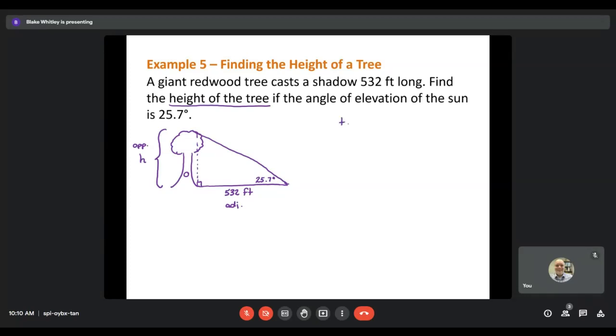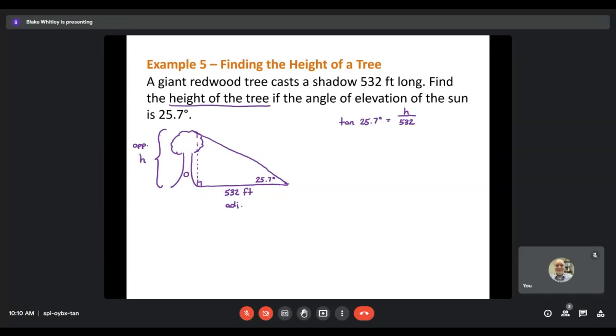So I have the tangent of 25.7 degrees has to be equal to h over 532. So it's always the sine, cosine, or tangent of your angle is equal to whatever the trig ratio tells you, in this case, opposite over adjacent.